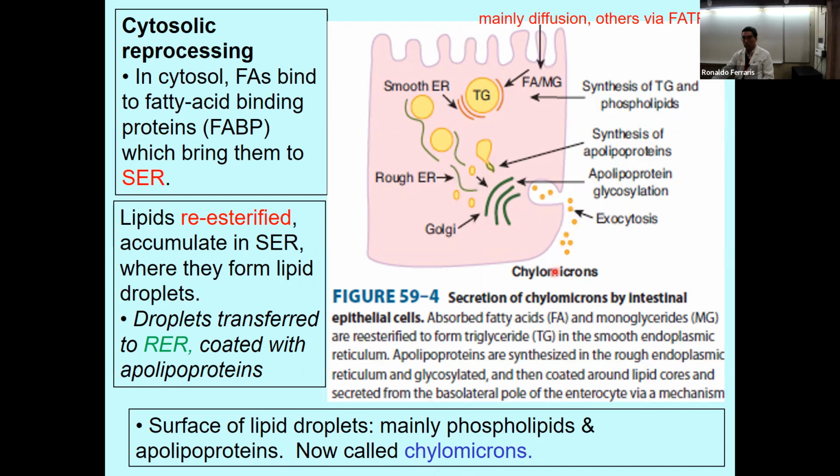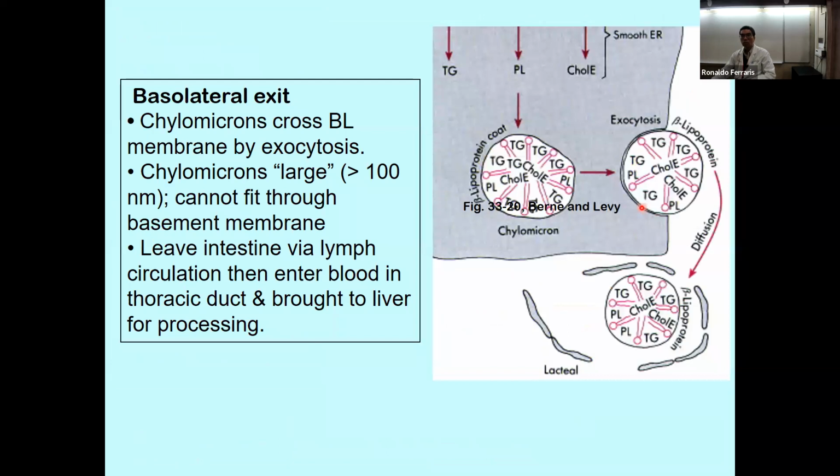So chylomicrons are not micelles. Micelles exist in the lumen. Pre-chylomicrons exist in the cytosol. Chylomicrons exist in the bloodstream. And then finally, we have your chylomicrons here, and you could see the polar head groups of phospholipids being shown right there.